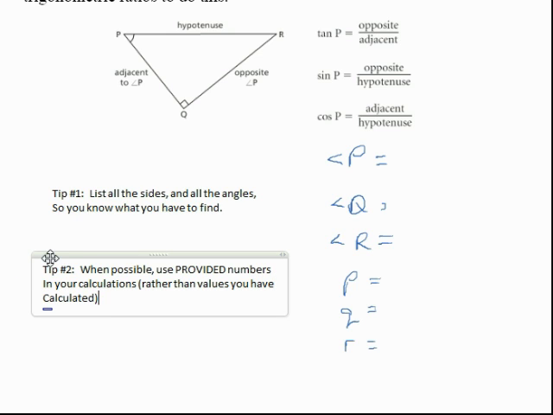I've talked about that in class a little bit. If you make a mistake calculating, for example, angle Q, and then you use that to calculate something else, everything you do from that point will be wrong. If you can do all of your calculations from the numbers that are originally provided to you, you've eliminated that source of error.